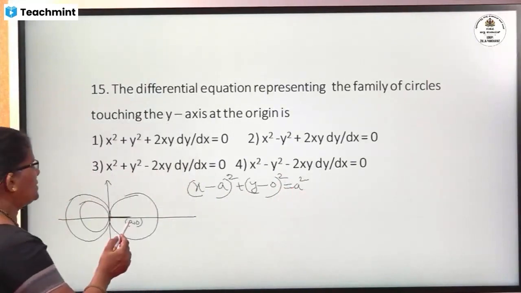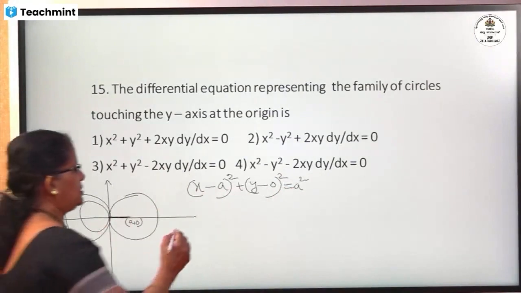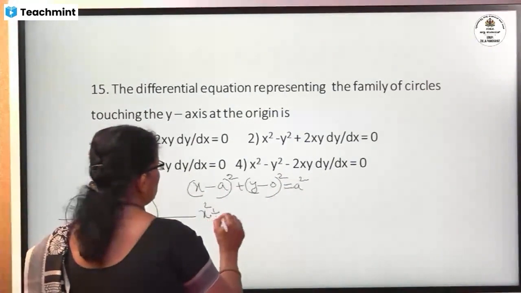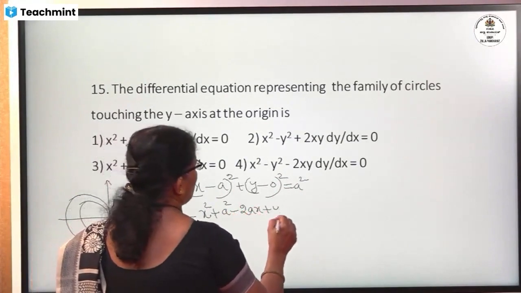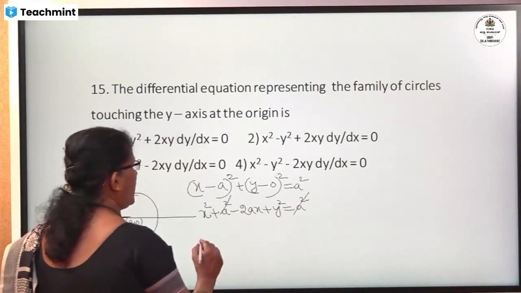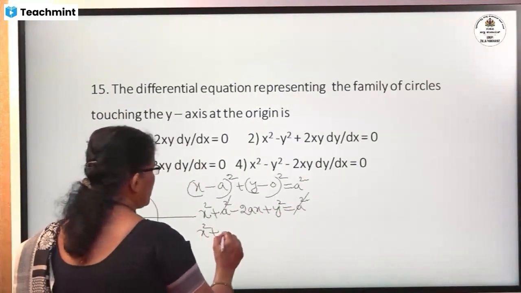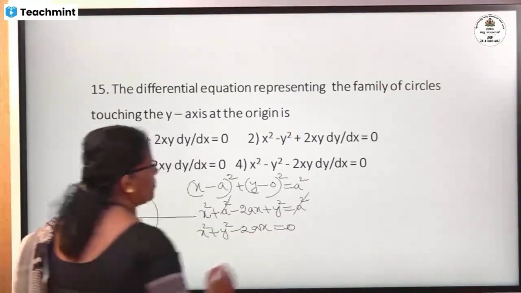Here r is a, h is a, and k is 0. So this equation is x squared plus a squared minus 2ax plus y squared equals a squared. This a squared gets cancelled. y squared minus 2ax equals 0.